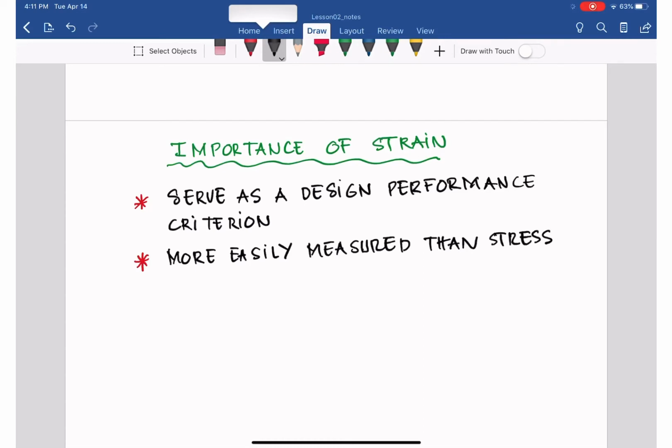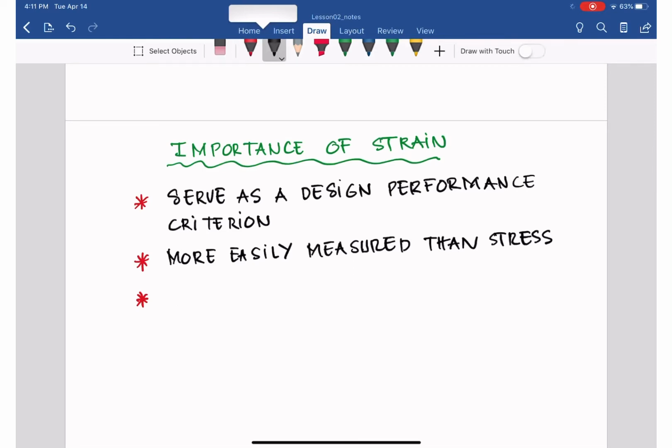And then the next important point, it adds in the analysis of the statically indeterminate structure. What is that about? We will talk about it next week.